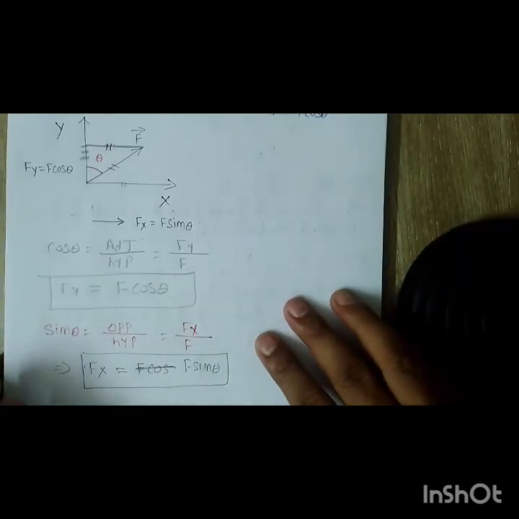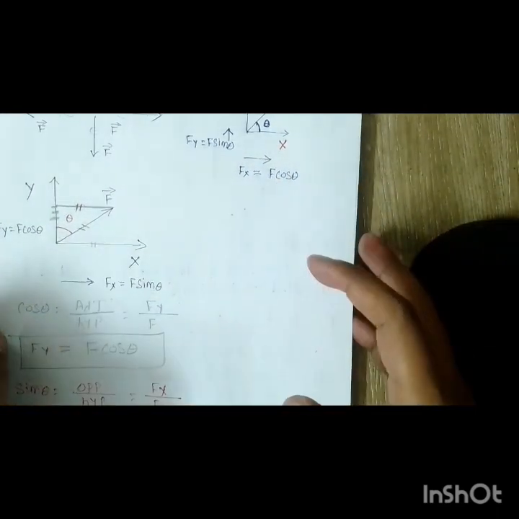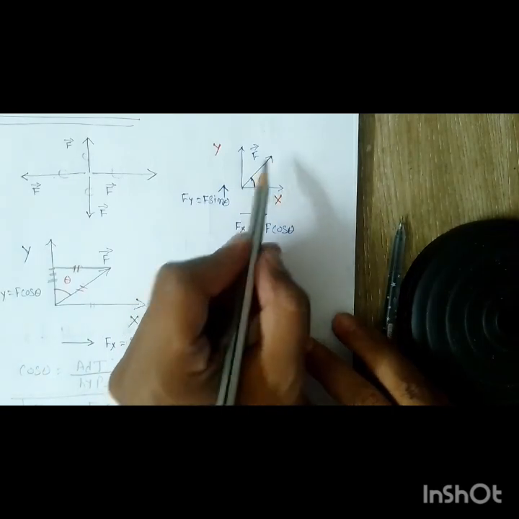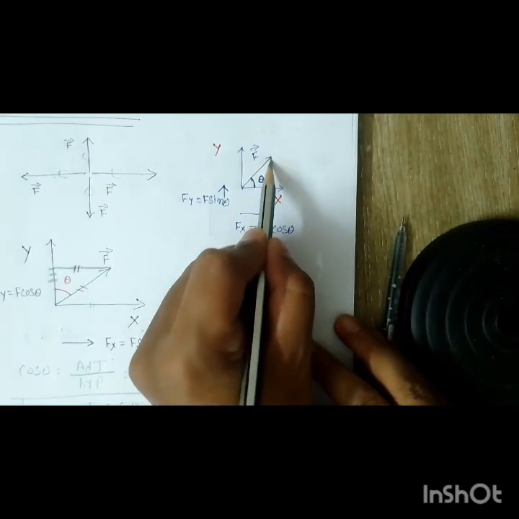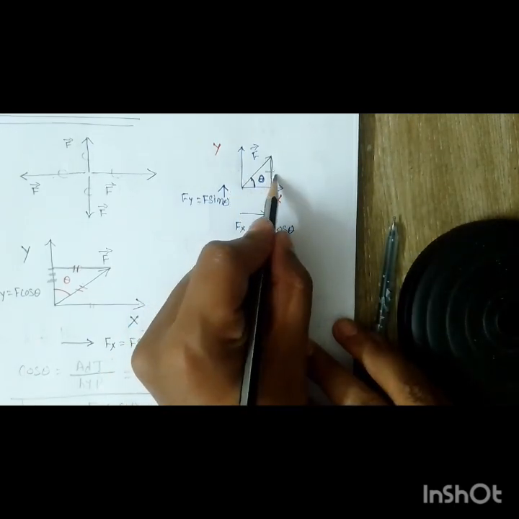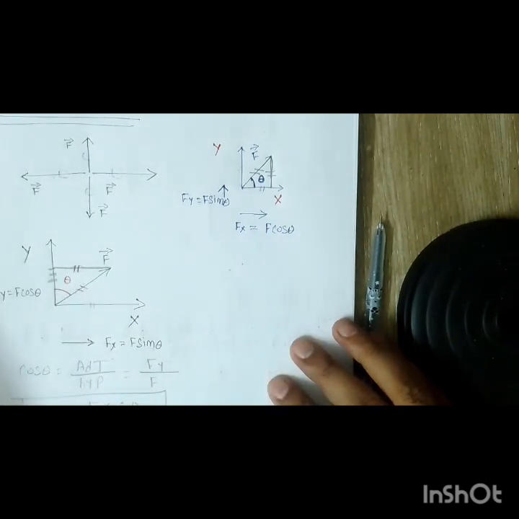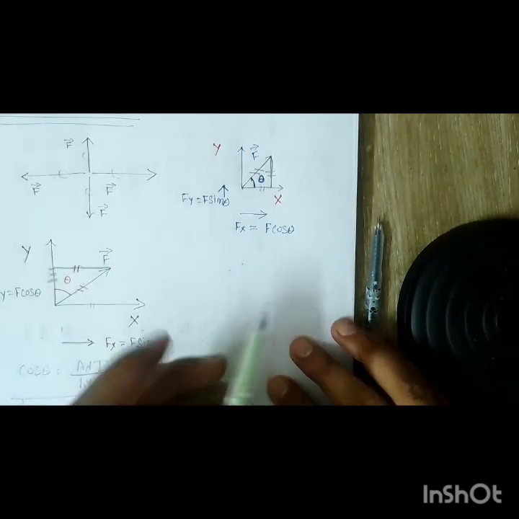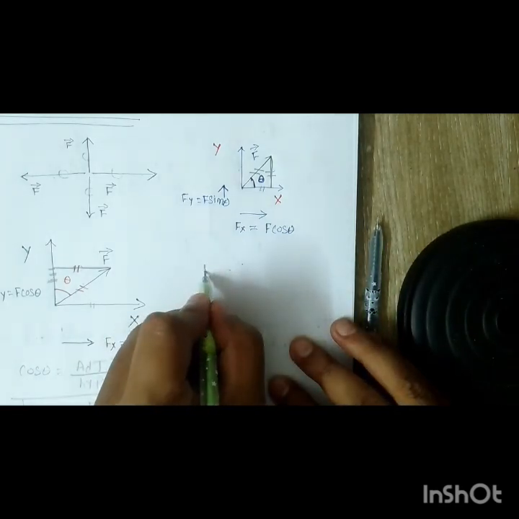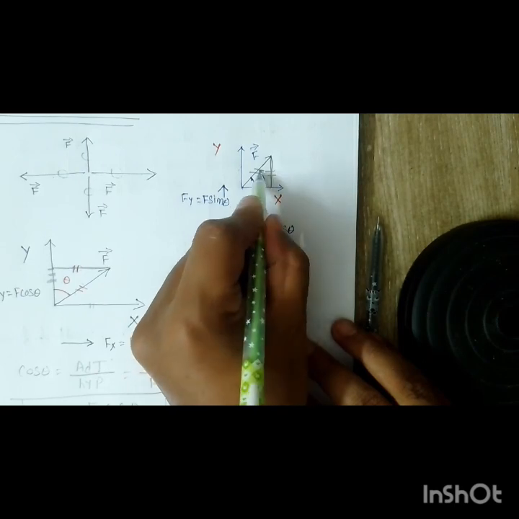See, sometimes it's blurred right now. Now in this case, I hope you understood, but again I can show you that this is the inclination with the horizontal, so you can draw the line vertically, parallel to the y-axis. So this is your opposite, this is the adjacent, and this is the hypotenuse. Whenever you have to find the x component, that means this, your adjacent, and this is the hypotenuse.